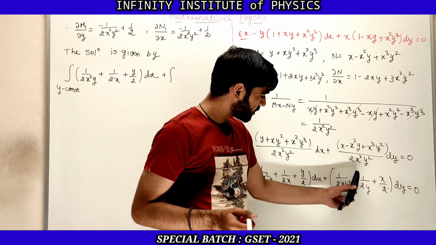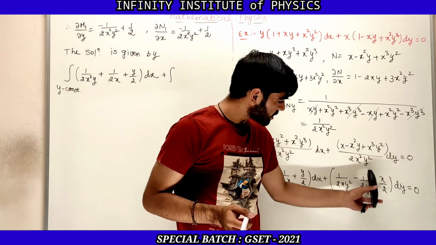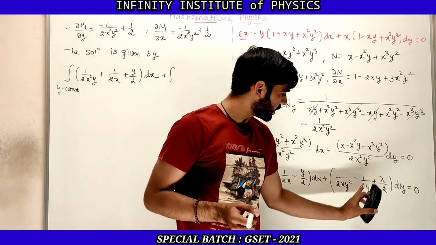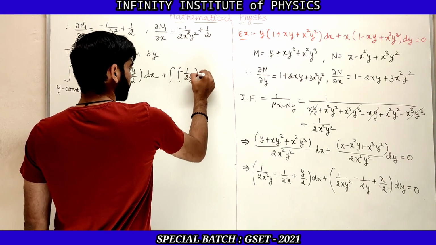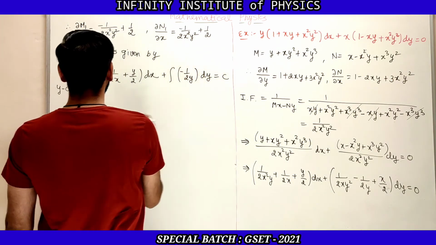So clearly you can see that first term contains x, last term also contains x, so that we need to neglect. So the remaining term is only minus 1 by 2y dy, which is equal to c.